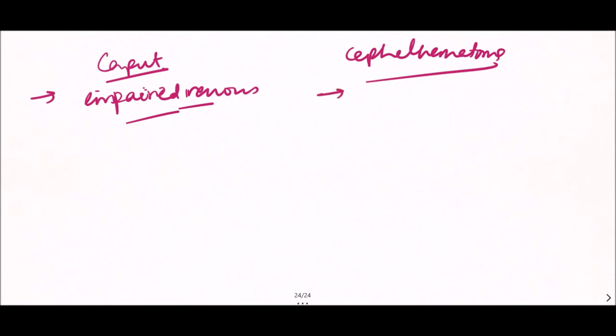But the cephalhematoma is basically a localized accumulation of blood. So it is accumulated blood between the periosteum and the skull, and it is due to rupture of diploic veins.